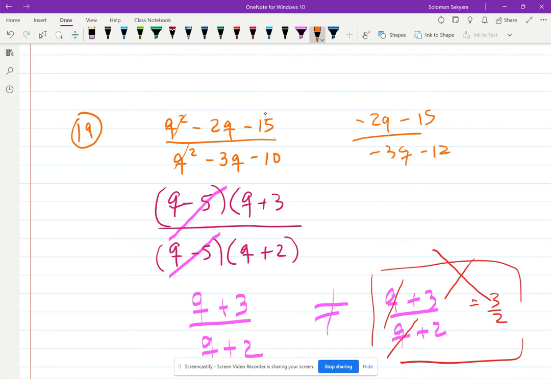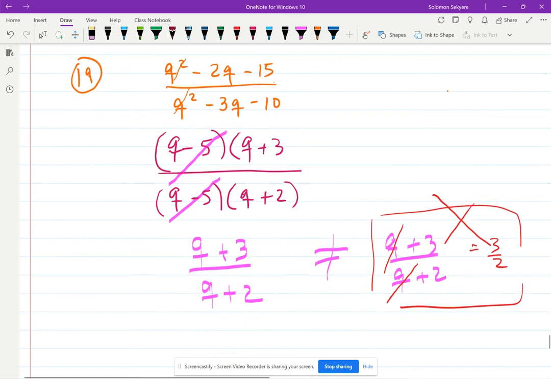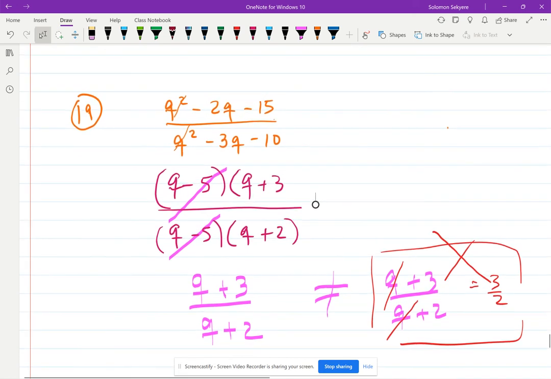This is wrong. Okay, so factor out the top, which becomes q minus 5 times q plus 3, and then q minus 5, q plus 2. What happens now? We have one term, okay, because it's now a product, not addition and subtraction. When it's a product, it is just one term.